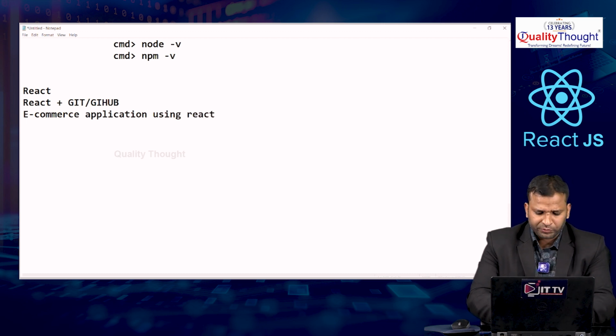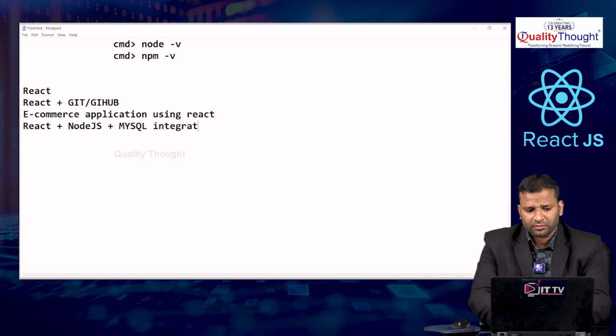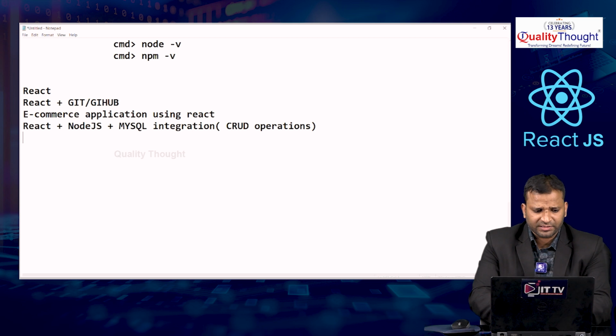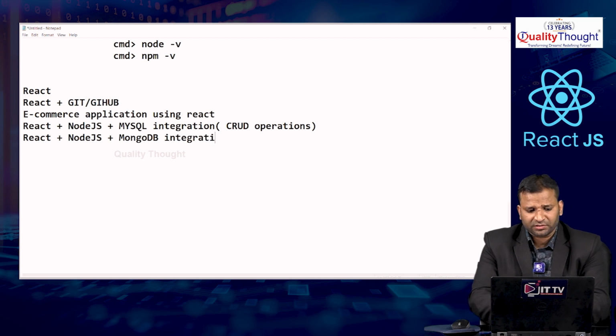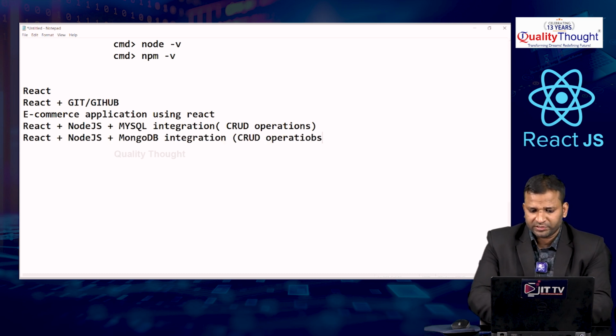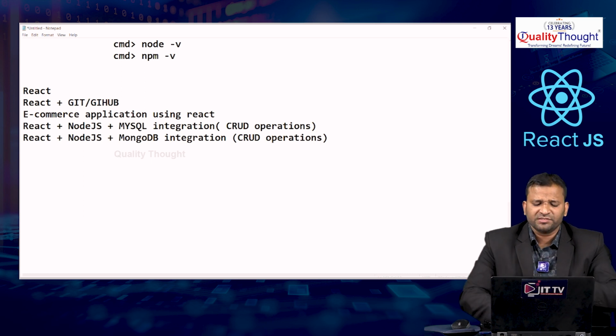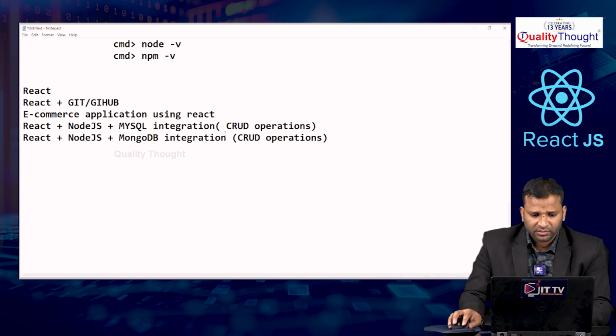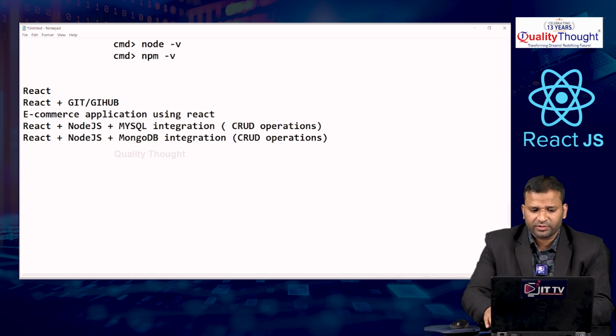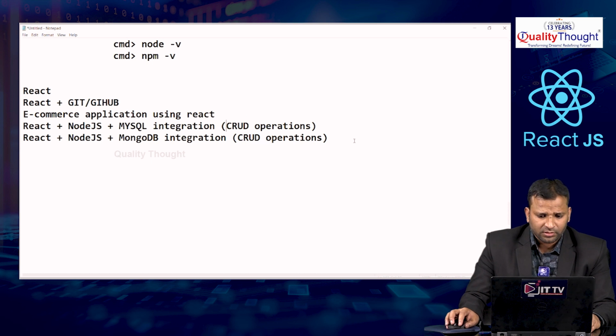I will be showing you React plus Node.js plus MySQL integration to perform CRUD operations. Otherwise I will be giving you React plus Node.js plus MongoDB integration to perform CRUD operations. CRUD operations means create, insert, update, delete. That is known as CRUD operations. That thing also we are going to cover in our recorded videos.